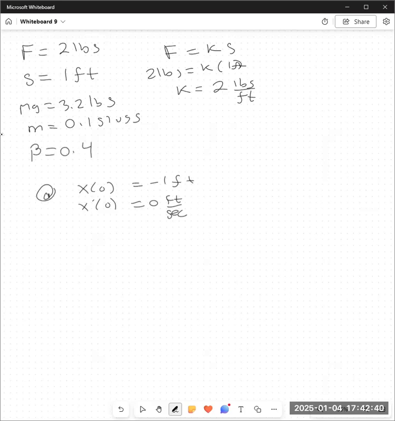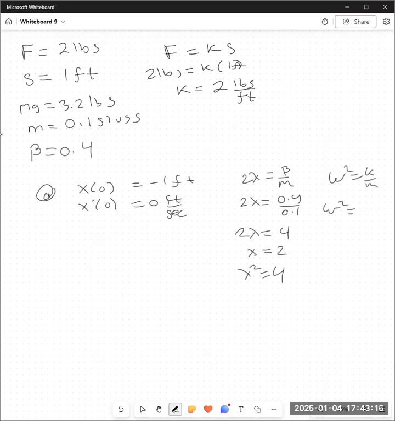So let's find our lambda, which is, 2 lambda is beta over m. So 2 lambda is equal to 0.4 over 0.1, so lambda is equal to 2, lambda squared is equal to 4, and omega squared is k over m.